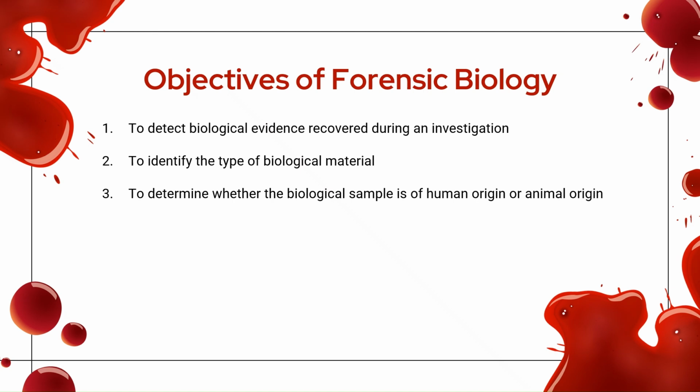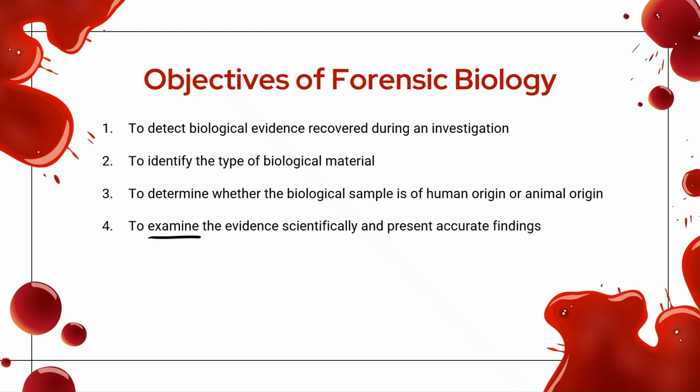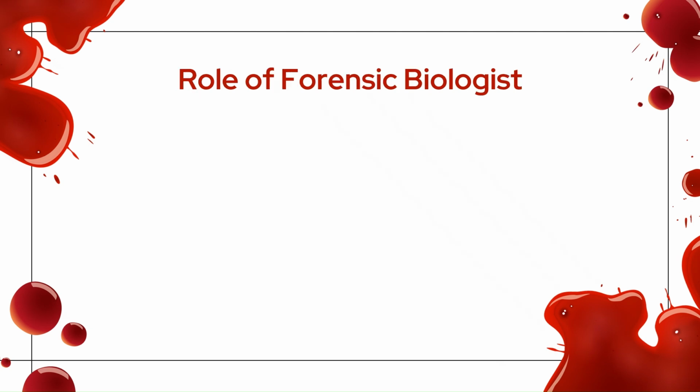They then interpret their findings, prepare scientific reports, and provide objective conclusions that may assist investigators and the judicial system. Notice that I used the word objective here. The role of a forensic biologist is not to prove that someone is guilty or innocent. Their responsibility is to examine the evidence scientifically and present accurate findings. The final decision always rests with the court.